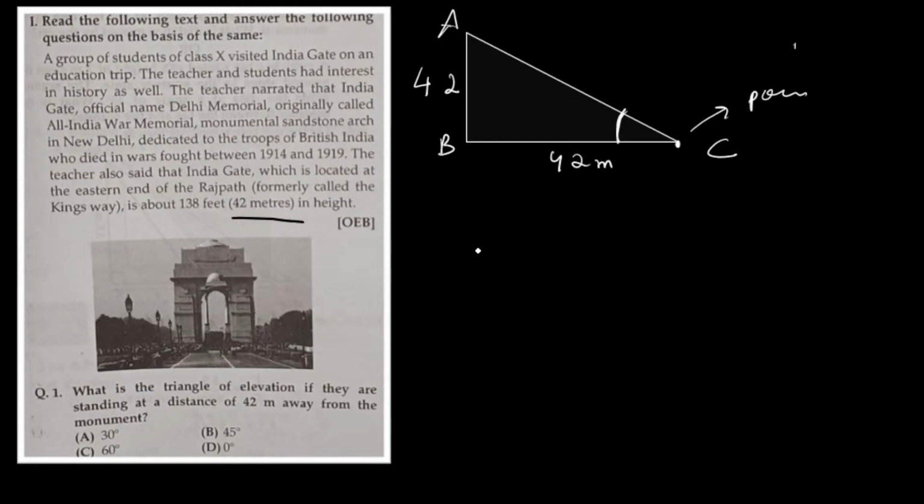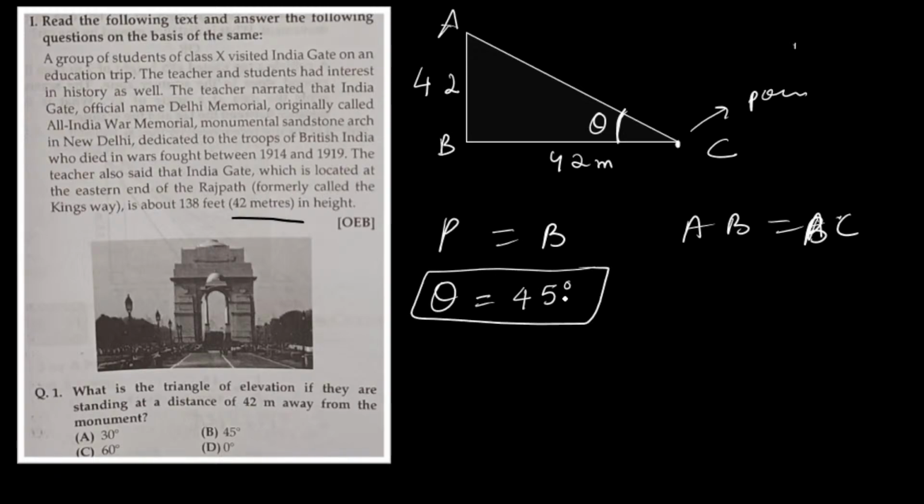B option is 45 degrees. Why 45 degrees? Same concept: when perpendicular is equal to base, so AB is equal to BC here, the angle theta is equal to 45 degrees. We should remember this in MCQs especially. It's a shortcut I am telling you because we are doing MCQs. Okay, let's do the next question.